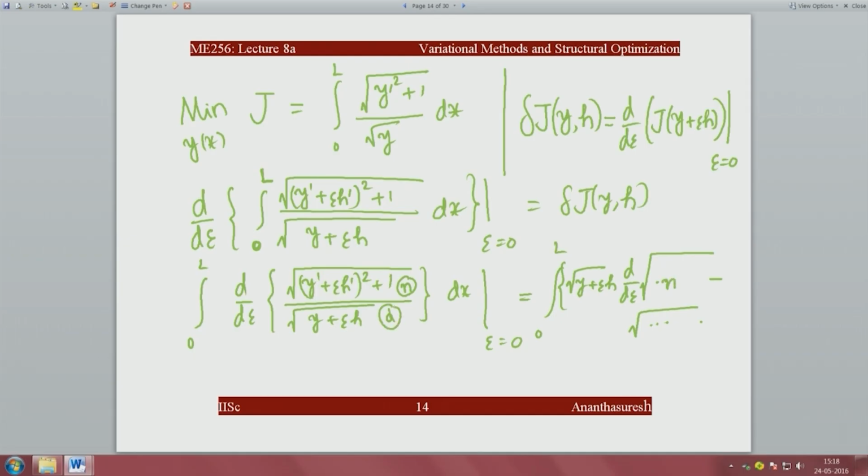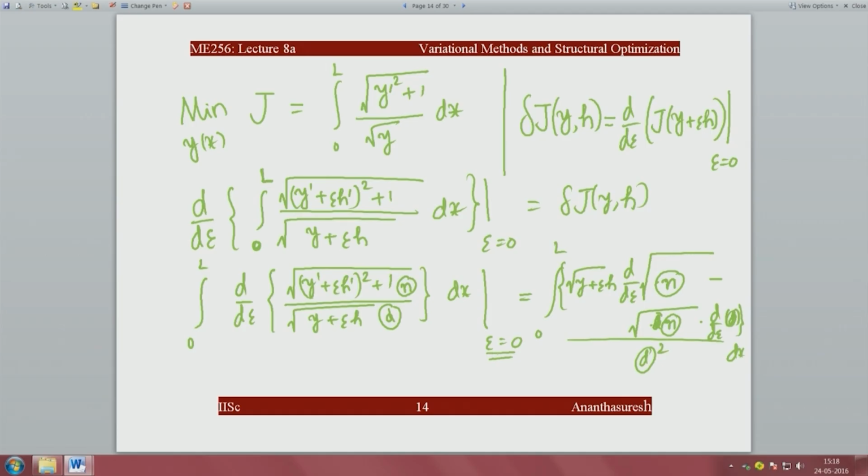Here I will have the numerator times the derivative of the denominator, and then divide by the denominator squared, you do all that, dx, okay, and then substitute epsilon equal to 0, you will still be left with an integral, okay.